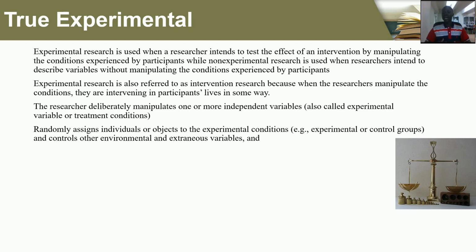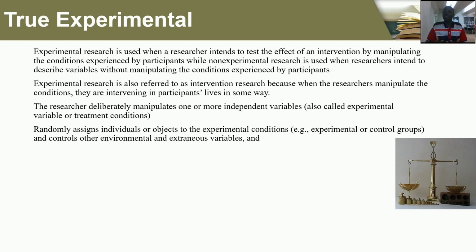As you increase the weight on the other balance, it will move in par with the value that they want. So they manipulate, let's say, the left one, and they see the effect that the left one will have on the right one. The same thing is what we are looking at.